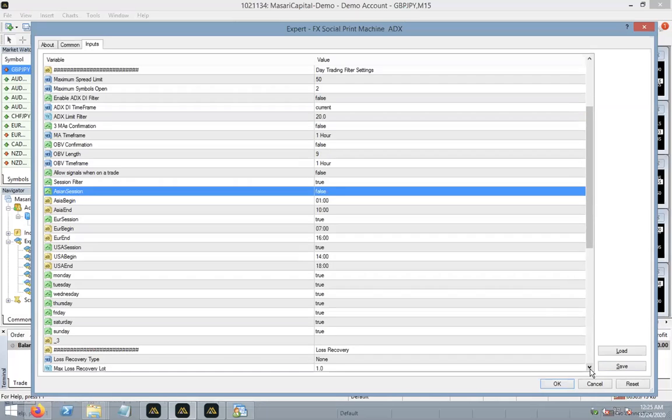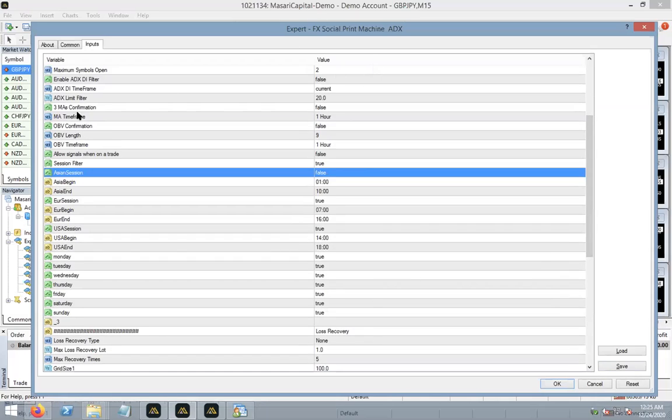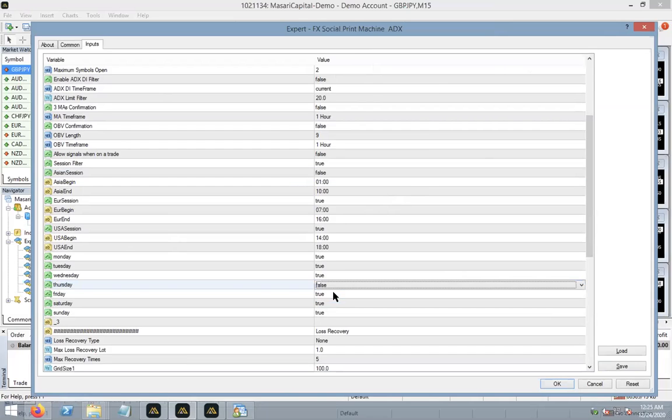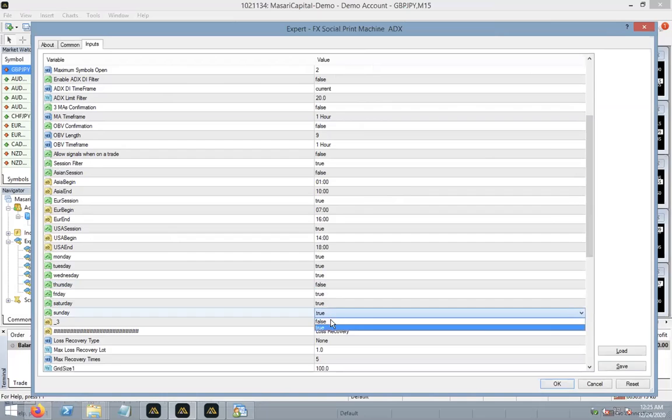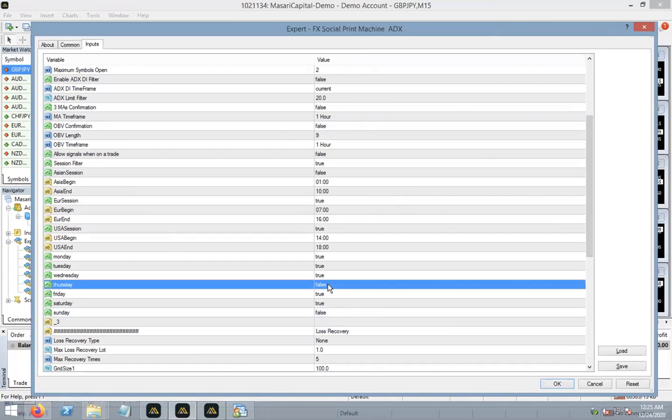So I also, personally, like to have it off on Fridays, and I like to have it off on Sundays. At least Fridays. And this is why I do Fridays. I try to avoid letting any trades stay open over the weekend for multiple reasons. Let's say I keep it off on Fridays, but the trade is still open from Thursday.